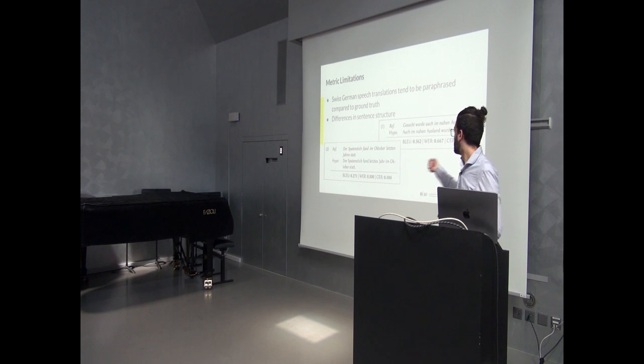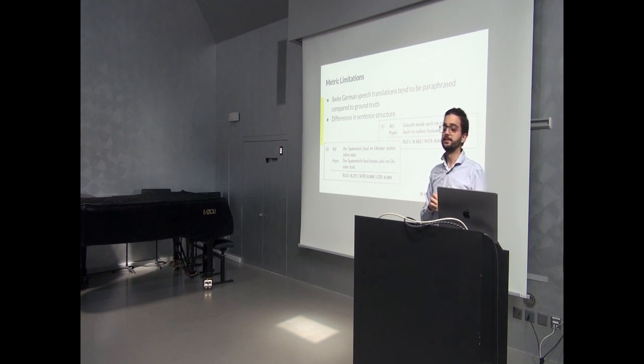And the BLEU score is pretty low, the word error rate is pretty high, and the character error rate is even higher. But essentially the sentence is grammatically correct, and the semantic meaning of the ground truth is captured. So there wouldn't be a reason why this shouldn't be accepted as a perfect transcription in this case.